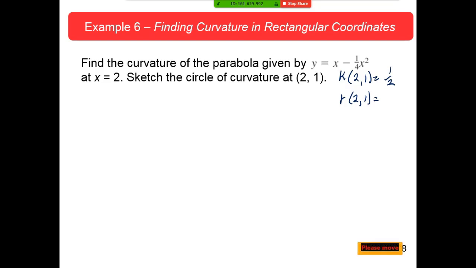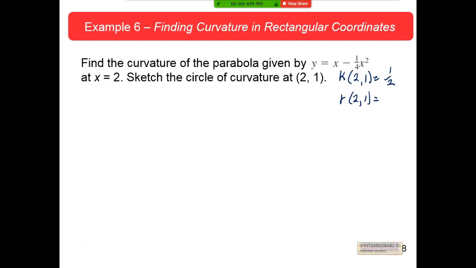If you got your books, flip back just one. It's the magnitude of T prime of s. Whoa. Go down. Example 4, underneath that. Show that the curvature of a circle of radius r is, you see that line? K equals 1/r.